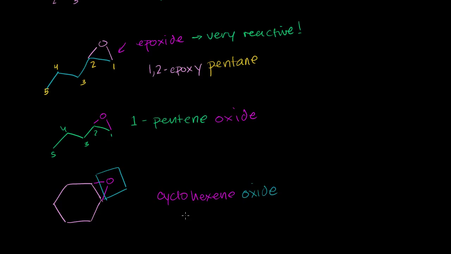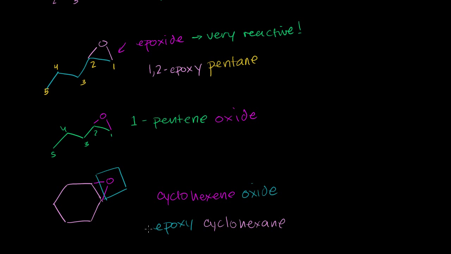Or if we wanted to just name this as a traditional ether, the way we would do it, we would just name this cyclohexane and put the epoxy in front of it. Either of these are valid.